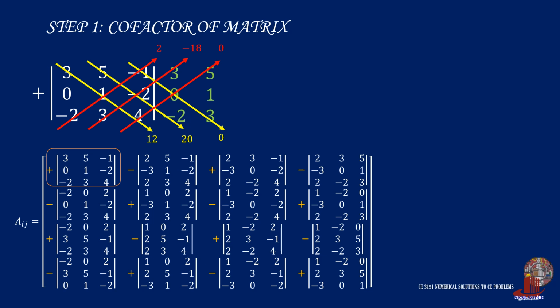So we compute element A11, and don't forget the sign outside the bars. There is positive of 12 plus 20 plus 0 minus the negatives, which include 2 minus 18 plus 0. This can be simplified as 48. So element A11 is positive 48.